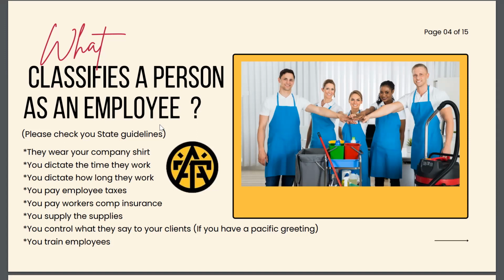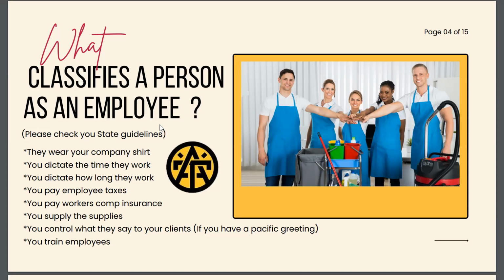What classifies you as an employee? If the person is wearing your shirts, if you want them to wear your shirts, if you want to dictate the time that they work, the time frame they come to work, how long they work, they're most likely going to fall in the category of an employee.